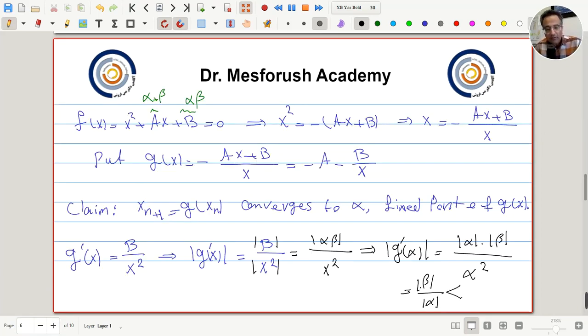So this quantity is less than 1, and it completes the proof of the existence of the fixed point; in fact we show that there exists a fixed point for this sequence.